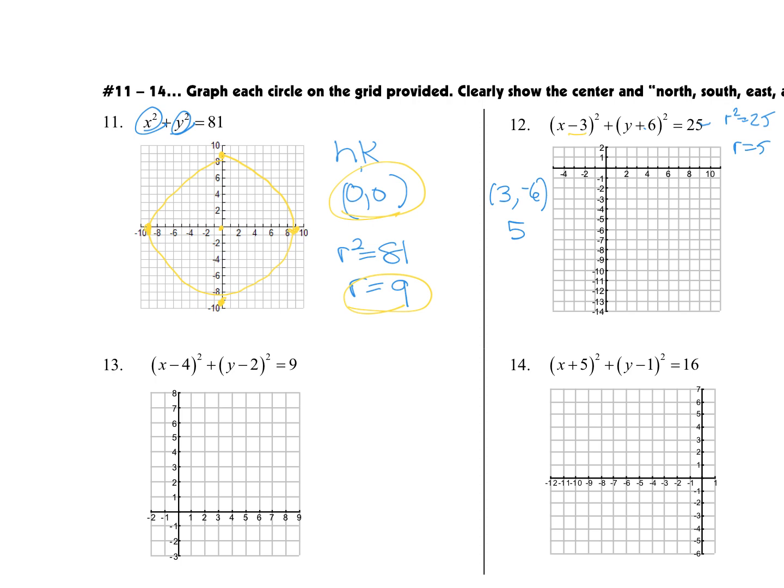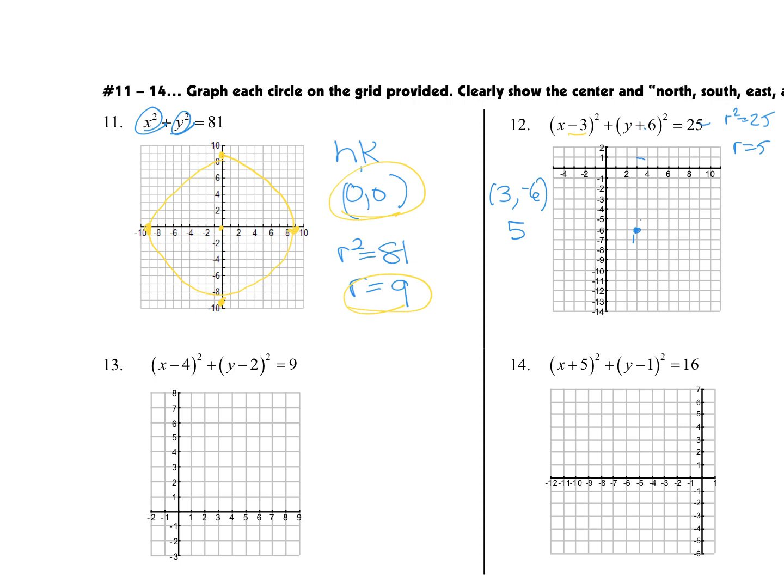So all we really need is those 3 pieces of information. We're going to start at 3, -6.